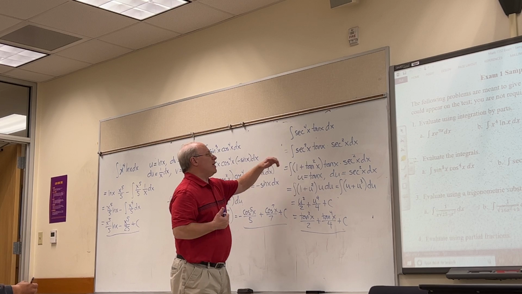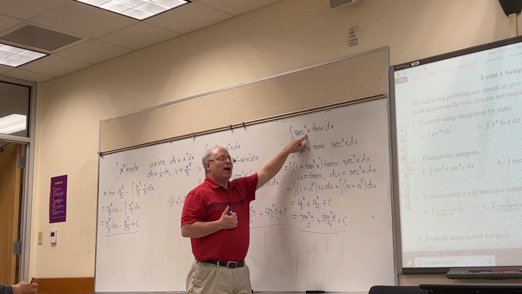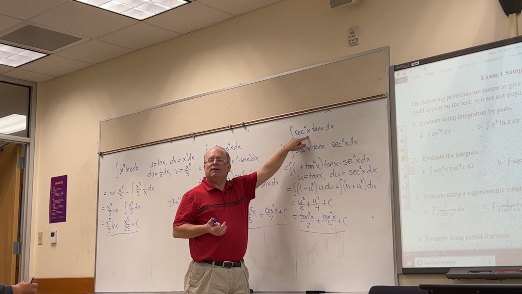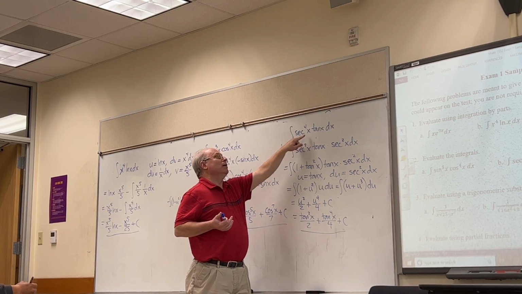Now, instead of doing it this way, we could have factored out secant of x times tangent of x. Because that's the derivative of what? Not cotangent. Remember, secant of x tangent of x is the derivative of secant of x.